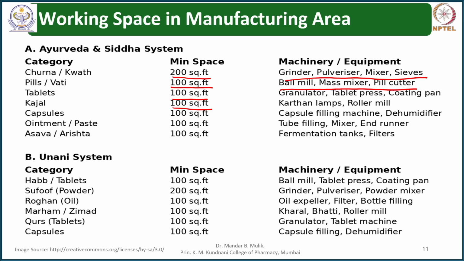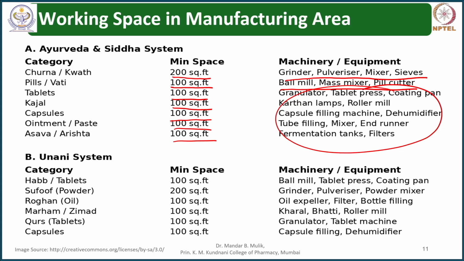That is why kajal or anjan preparations are done in a separate building or separate floor from other preparations. Similarly, capsule, ointment and asavas need a minimum of 100 square feet. These are the tool requirements as per the guidelines.